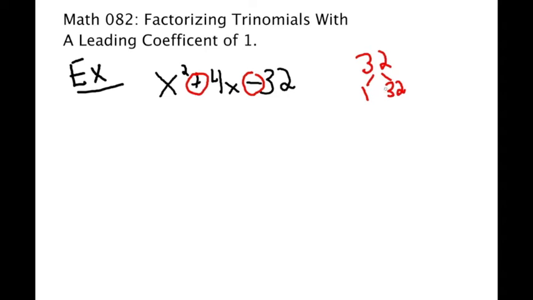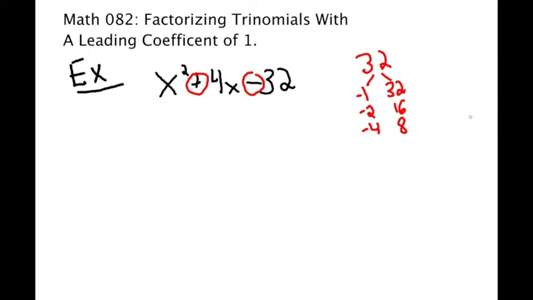We know the larger number will have to be positive, therefore the 1 would be negative. Our next set of factors of 32 are going to be 2 and 16. And since we know the larger number needs to be positive, we're going to add the negative onto the 2. Our next set of factors will be negative 4 and 8, because again, positive needs to be larger.